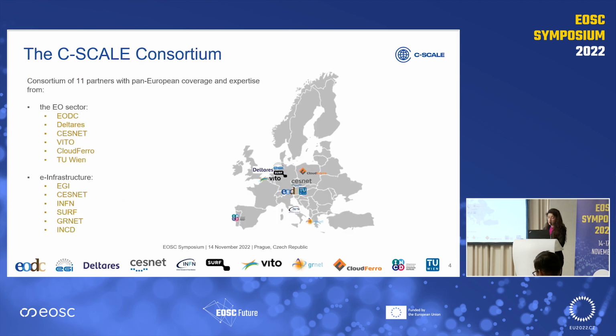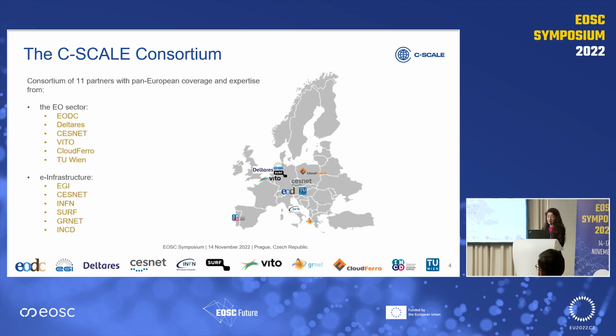Our consortium consists of 11 partners with a pan-European coverage, as you can see in the map, and they consist both of partners from the EO, and when we say EO from now on, we mean Earth observation, and also from the infrastructure or eoSC world.